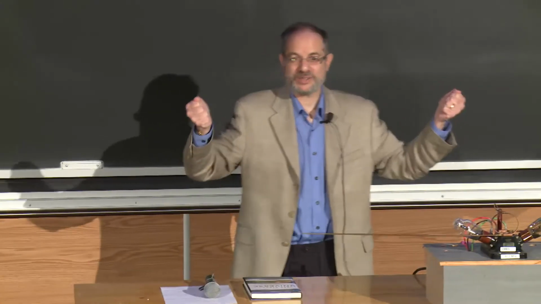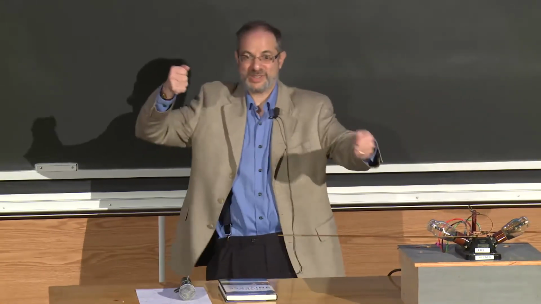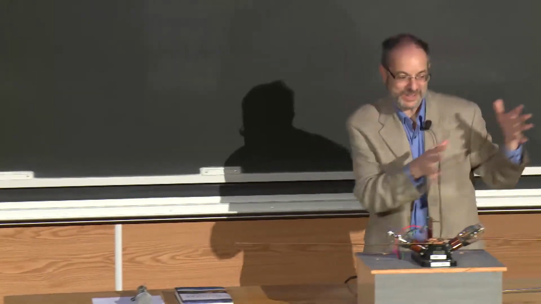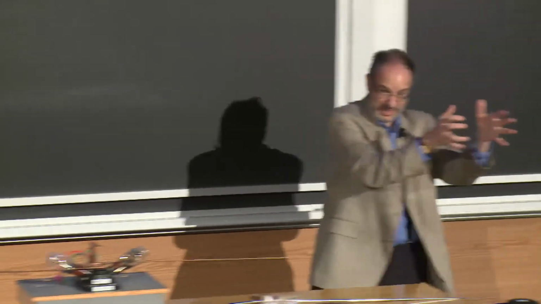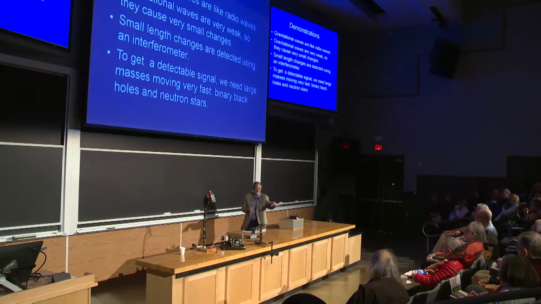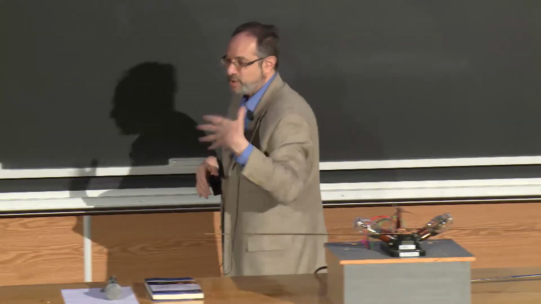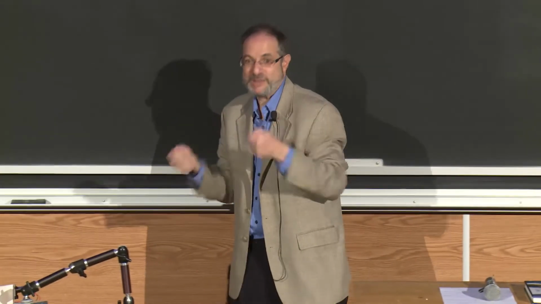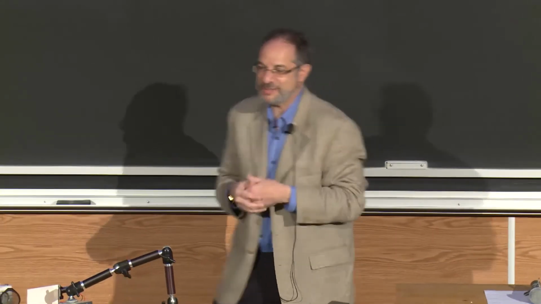Masses have a gravitational field, and when you move masses, they make a gravitational field that propagates outward, and as that gravitational field comes to you, it will move any mass it comes in contact with. So just like radio waves will move electric charges, gravitational waves are made by moving masses and will move any mass they hit.